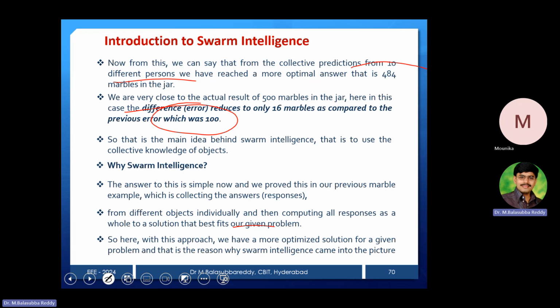With this approach, we have more optimized solutions for a given problem, and that is the reason we call it swarm intelligence.